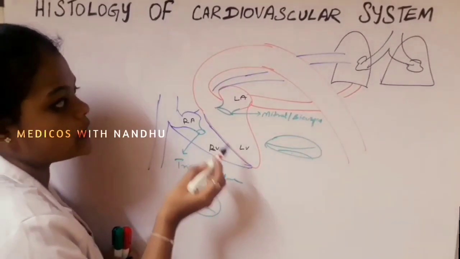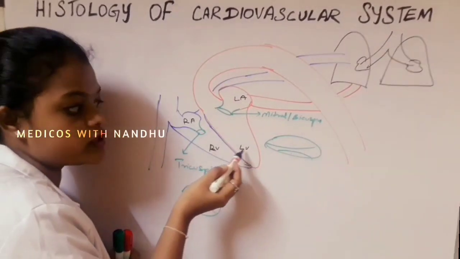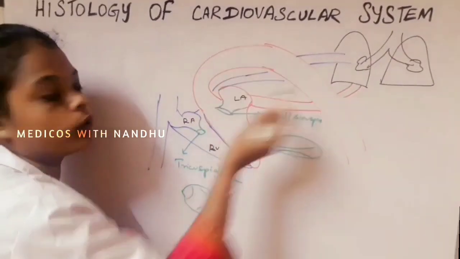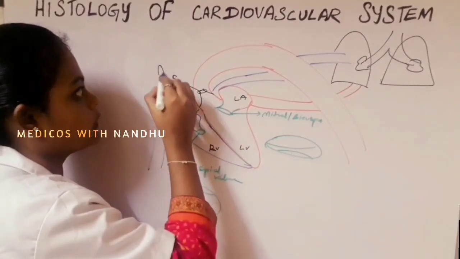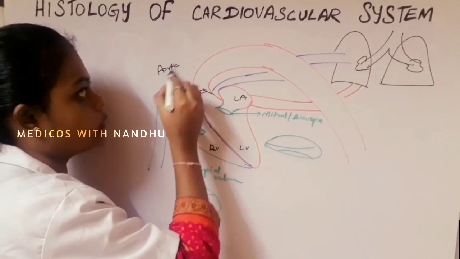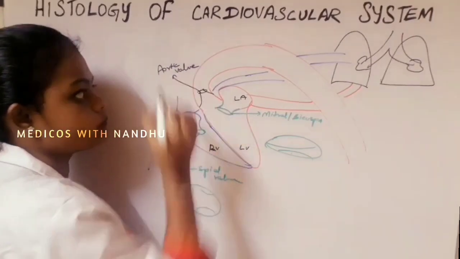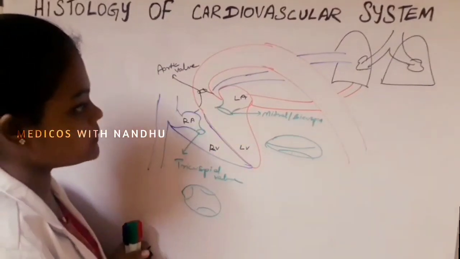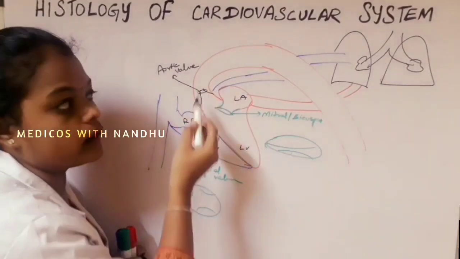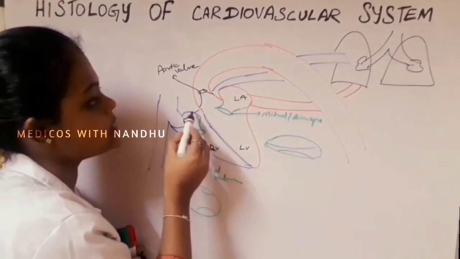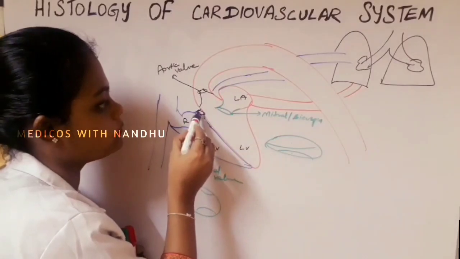The valve which is present between the left ventricle and the aorta is known as the aortic valve. And the valve which is present between the right ventricle and the lung is known as the pulmonary valve.